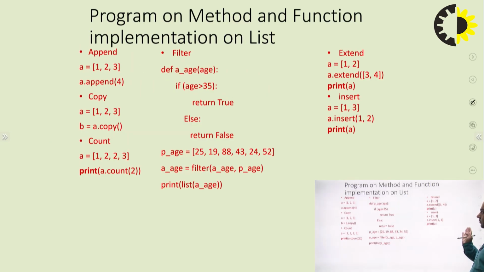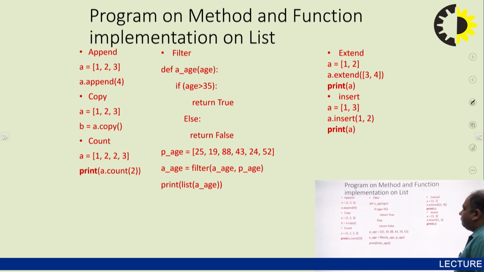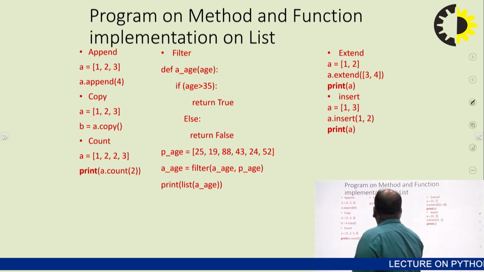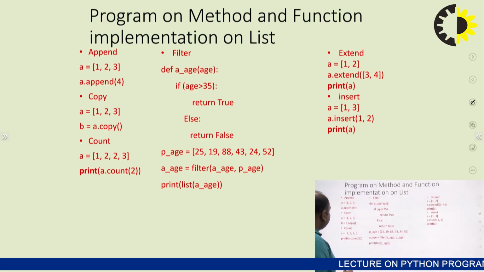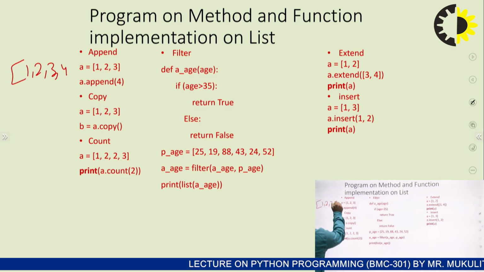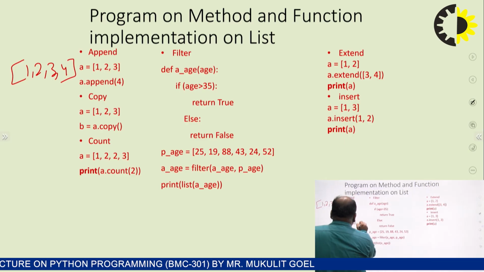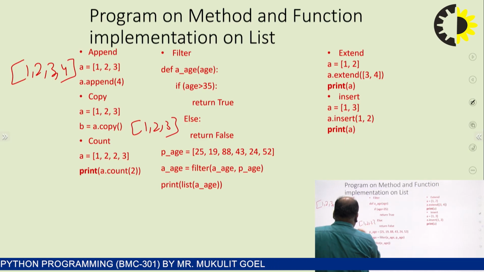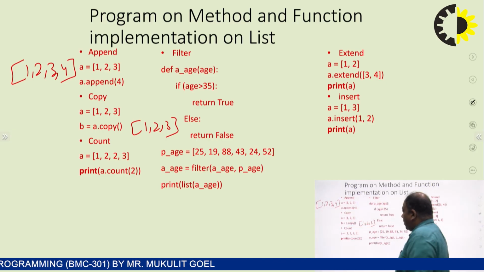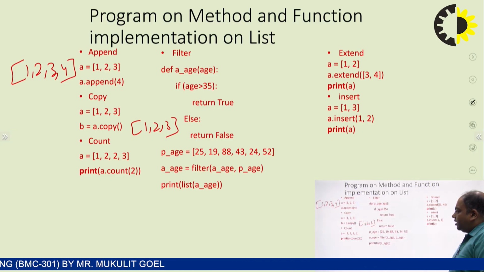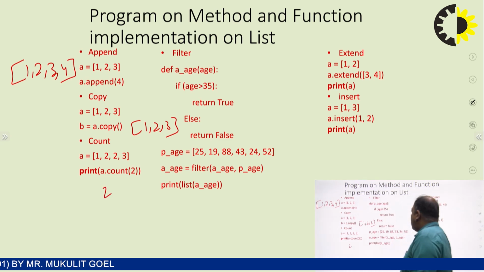There is one program in which I want to show the implementation of functions on a list. First is append. So a dot append 4 converted this list into 1 2 3 4. A is equal to 1 2 3, B is equal to A dot copy. So all the elements of B are 1 2 3. Count: 1 2 2 3, so the count of 2 is 2.